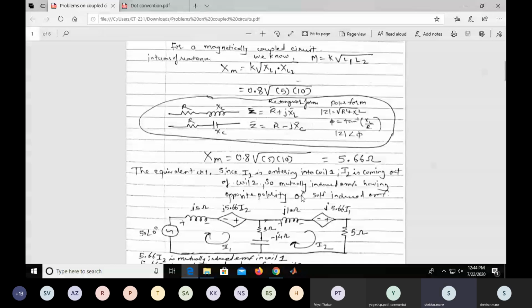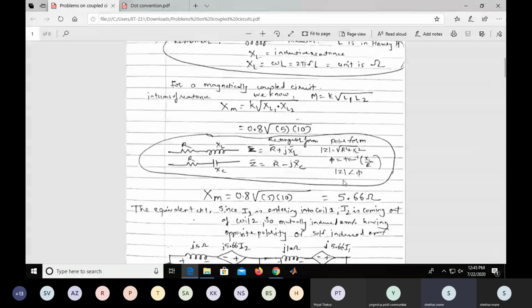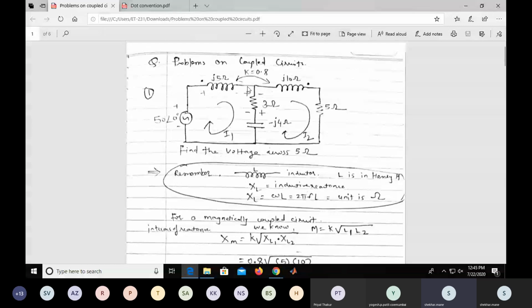Now our first step is to draw the equivalent circuit of this circuit, because we have to consider the mutually induced EMF in coil 1 and in coil 2. There is a mutually induced EMF in coil 1 because of current I2 which is flowing in coil 2, and there is a mutually induced EMF in coil 2 because of current I1 which is flowing in coil 1.